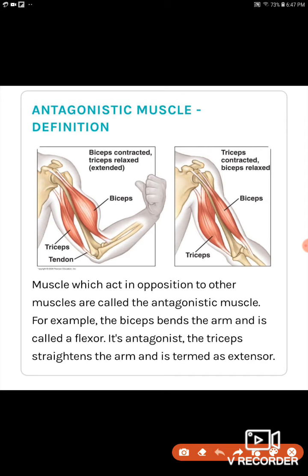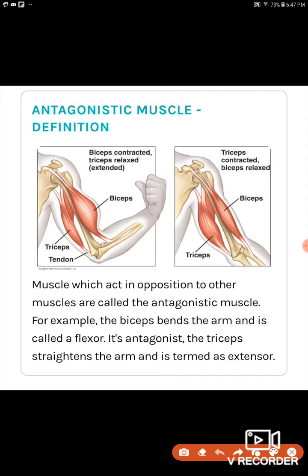Take the biceps muscle of the upper arm. When we want to bend our arm, at that time the biceps muscle will contract.